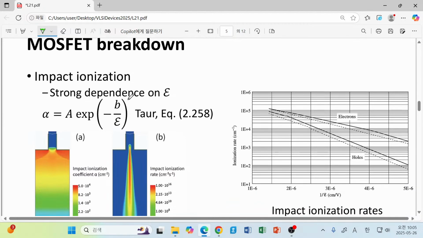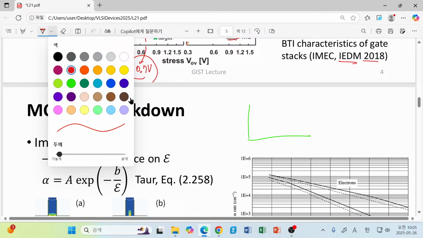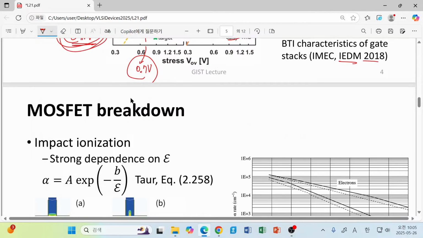Another one is breakdown. What is breakdown? Usually what we know is like this: ID versus VDS, and when we apply a certain drain bias, the current increases and saturates.